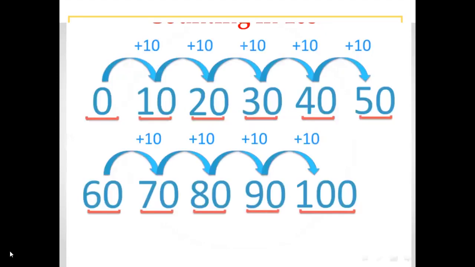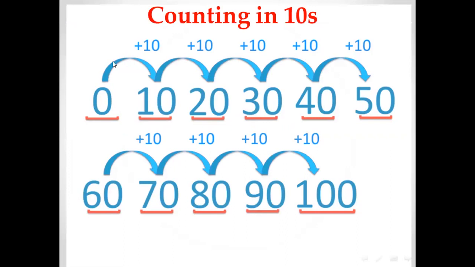Like that. When I have 0, I skip 9 numbers here, or I will add 10. So 0 plus 10 gives me 10.